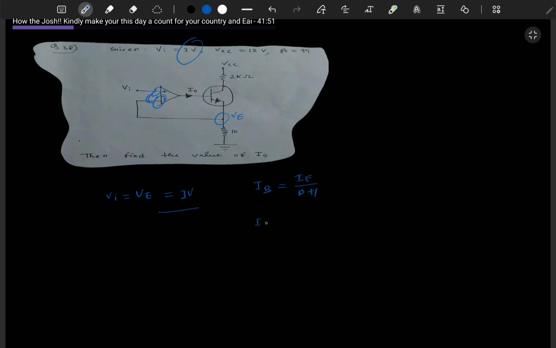Now if I want to get IE, here current is 0. So it will be VE by 1. Now if I want to find VE, it will be VCC minus IC into 2 minus VCE.